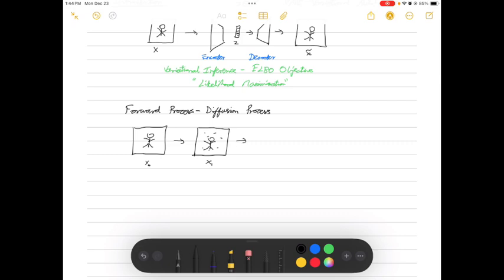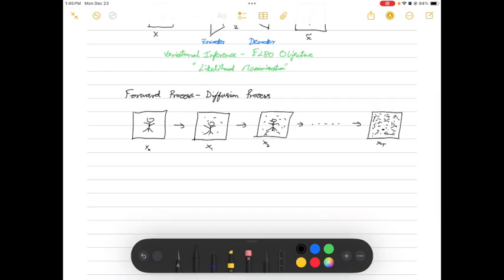So at time step 1 we get X1, and at time step 2 we get X2, which has more noise than X1. And if we do this for enough steps, up till t steps, we get a completely noisy sample. That is, we have destroyed all structure in the data sample. And so this is the forward process.